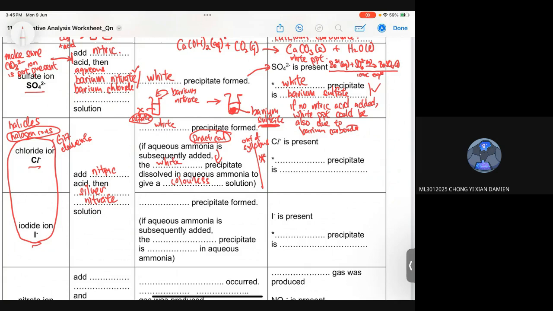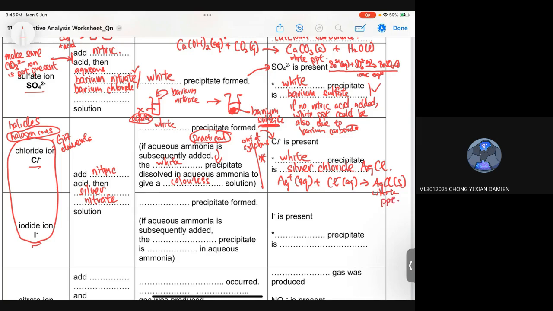So just take note. Once you see the white precipitate formed, you can straight away conclude chloride is present. The white precipitate that you see here is silver chloride, AgCl. What's happening is that the silver from the silver nitrate and the chloride from the unknown solution combine to give you AgCl in the solid state, which is your white PPT.